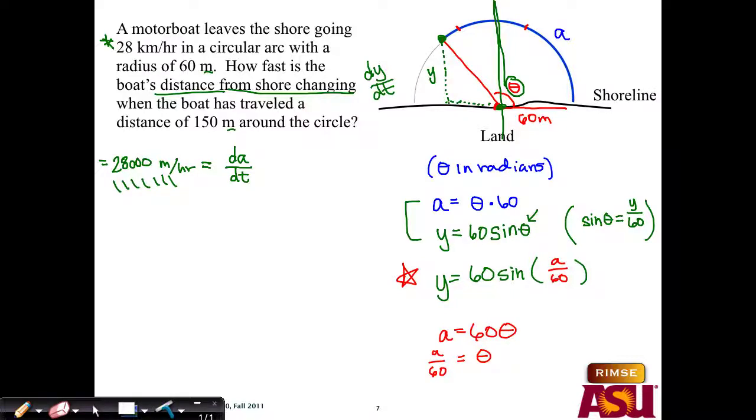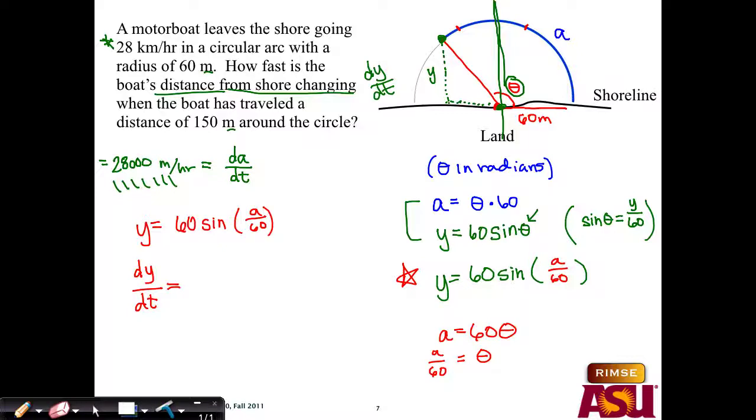So with this equation, the starred one here, if y is 60 times the sine value of A over 60, then I can find the rate of change of y with respect to time, which is what I'm actually looking for, by taking a derivative of this with respect to time.